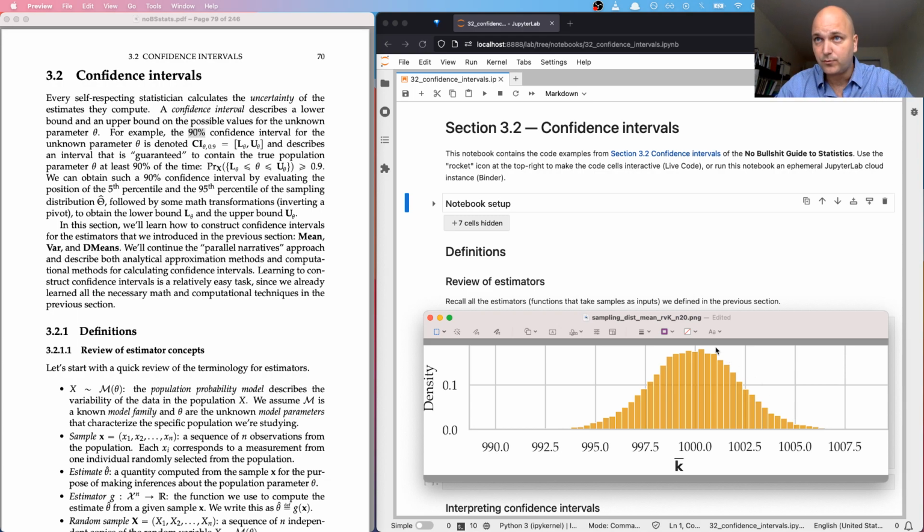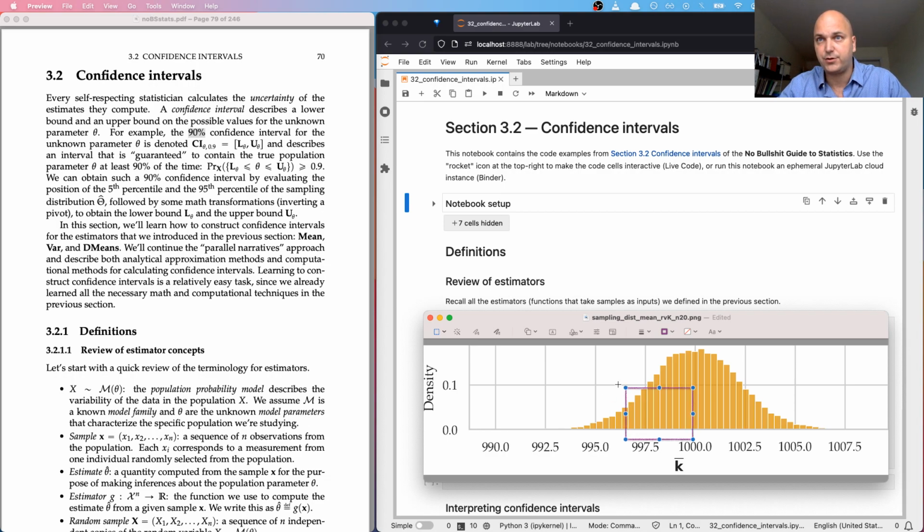Okay, so the sampling distribution contains the complete information of the uncertainty of the estimates, but that's too much information. Basically, you can't report a graph in a paper. I mean, you can, but the convention is not to show the graph, but to summarize. So here's what we're going to do.